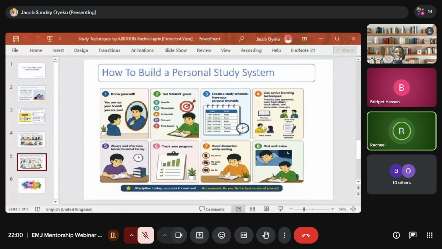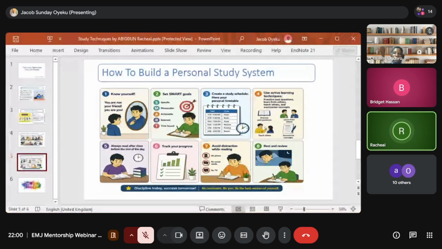So read your notes, then treat your past questions, learn from friends that know better than you do, and always, always read after class, before the end of the day. This will help you a lot, because everything that you are being taught that day is still very fresh. So just remind yourself everything that you were taught that day.